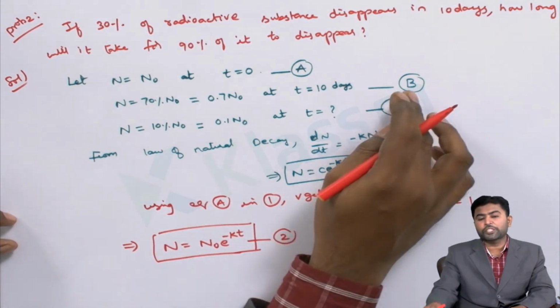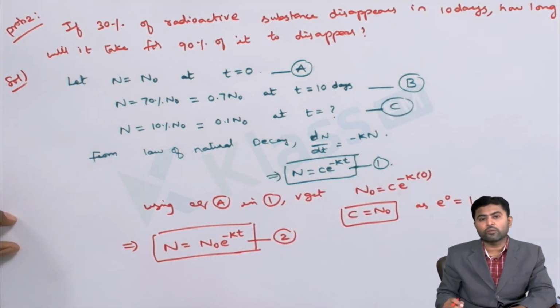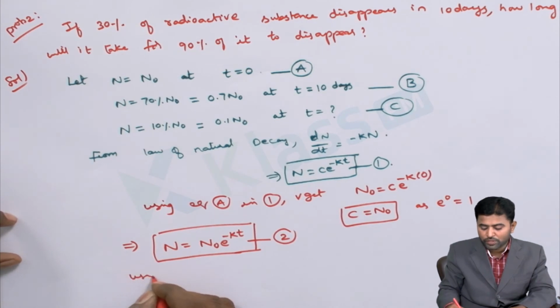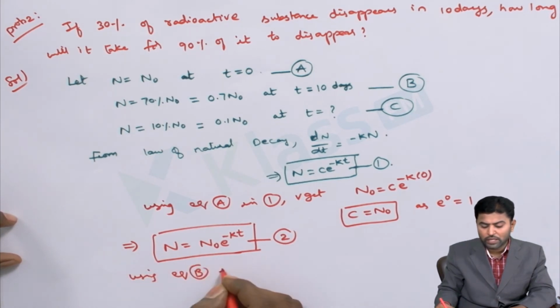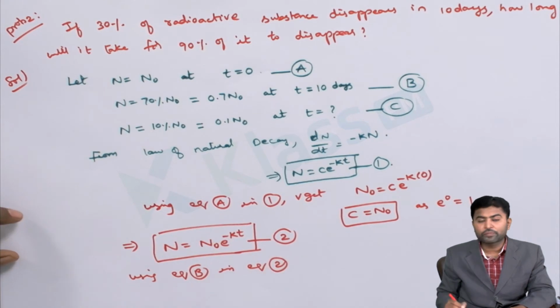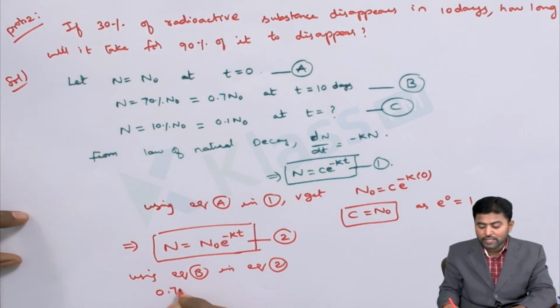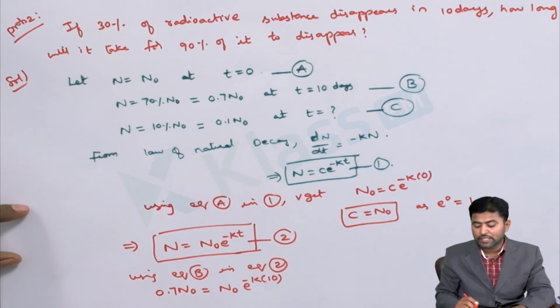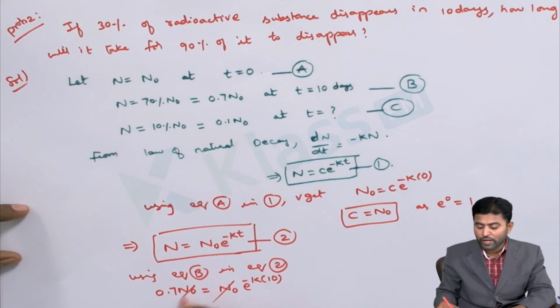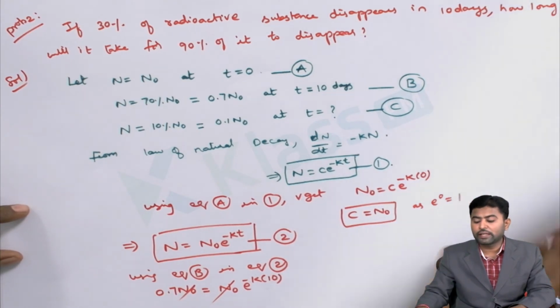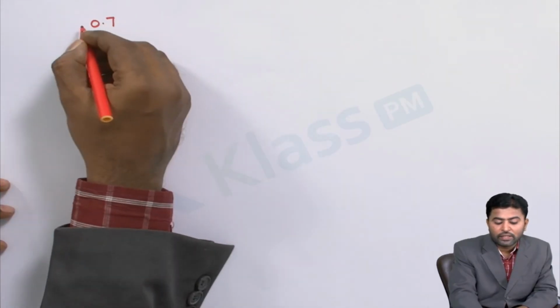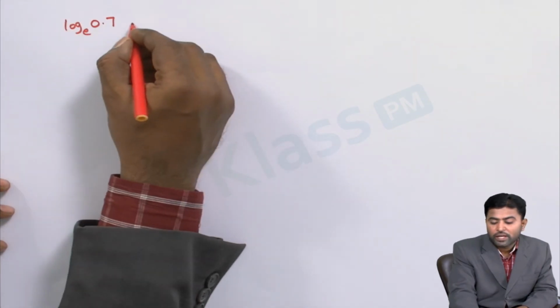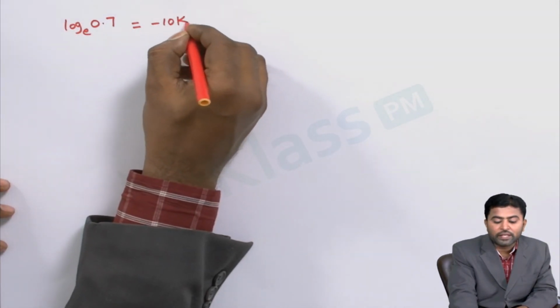Now I'll use equation B in this equation. Using equation B in equation 2, that gives 0.7 n naught is equal to n naught into e power minus k into 10, that is, n naught into e power minus 10k. If I cancel n naught, I'll get log to the base e of 0.7 is equal to minus 10k.